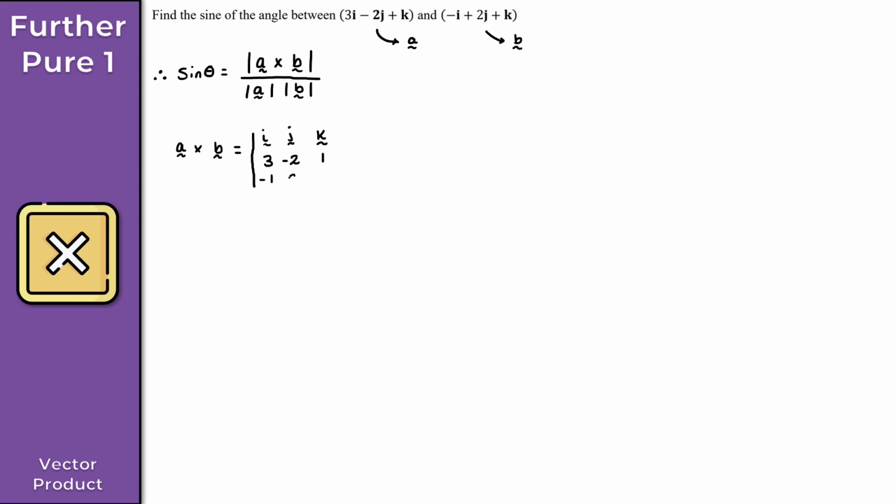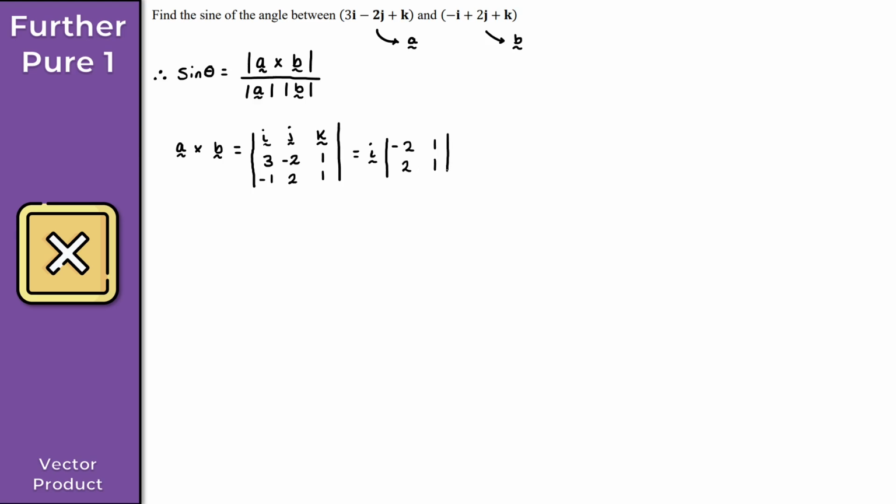Okay. So it's completely up to you which row you expand along. I'm going to expand along the top row. So I get i times the remaining 2 by 2 determinant. We cross this row and this column off, and we get left with minus 2, 1, 2, and 1.